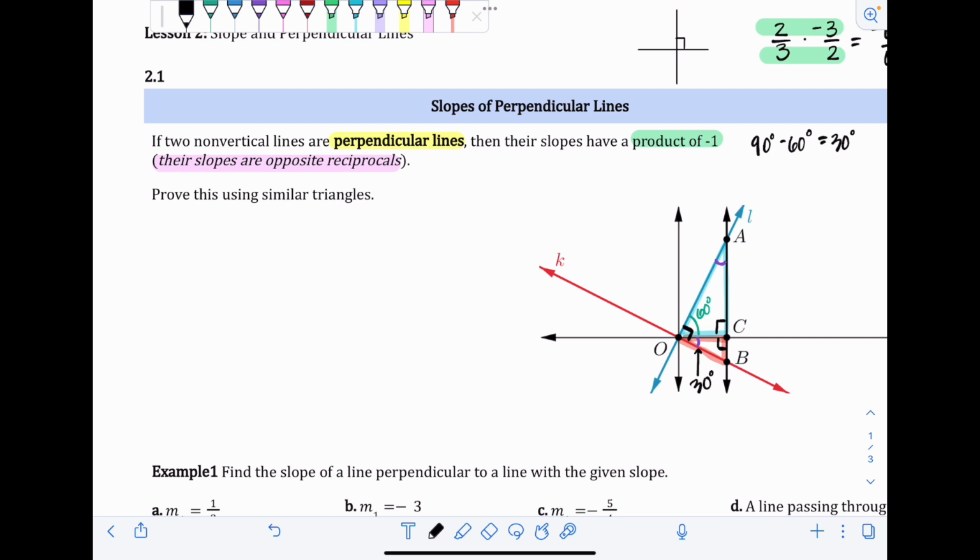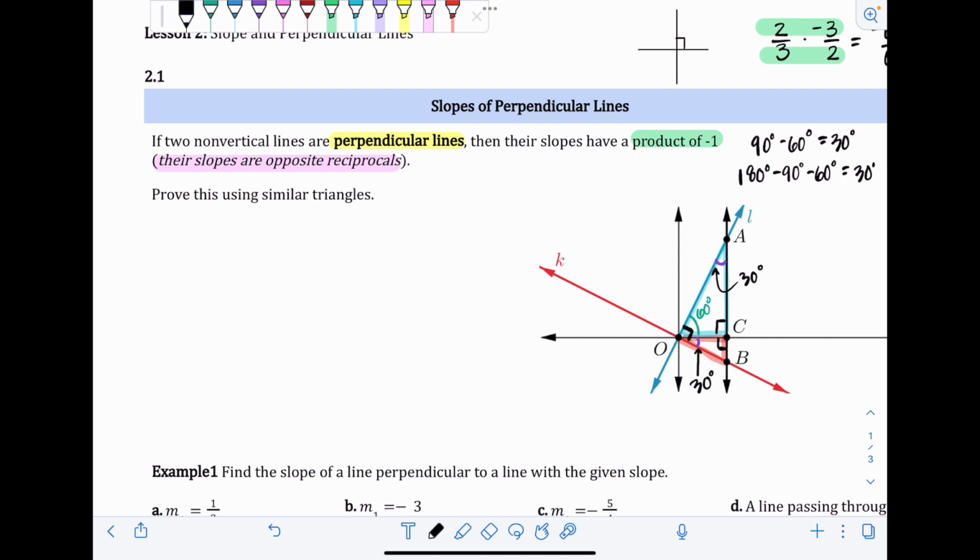And then if I keep with that trend, and now I try to find this angle, well, all the angles in a triangle add up to 180, and in that blue triangle, I have a 90-degree angle right here and a 60-degree angle right here. So if I take 180 and I subtract 90 and then I subtract 60, it's going to leave me with 30 degrees. So that must be a 30-degree angle as well.